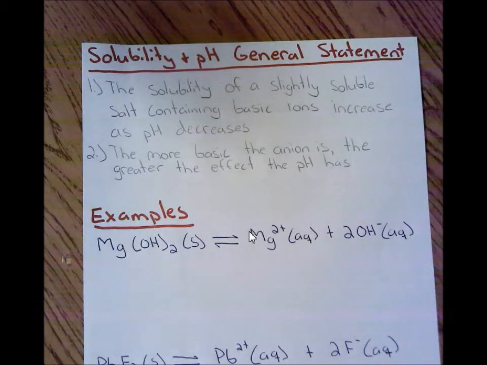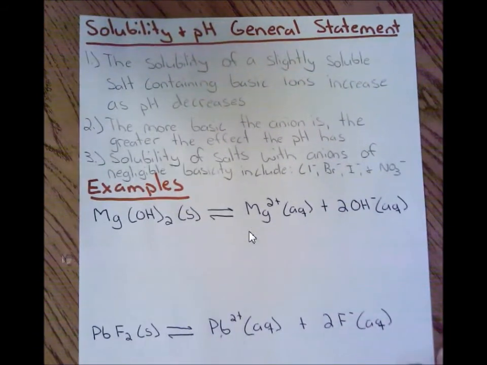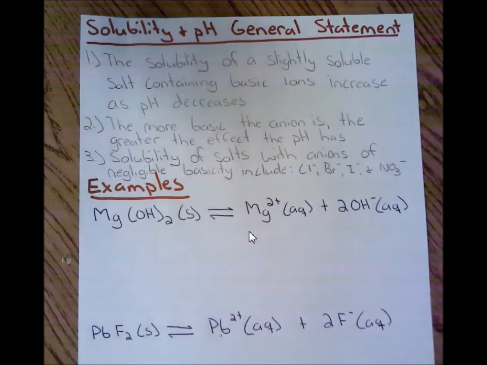All right, so the best way to see this is through some examples. So we start out here with the solubility of magnesium hydroxide, and it breaks into what you see here. And so we have a couple things.